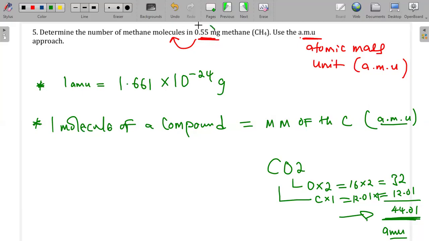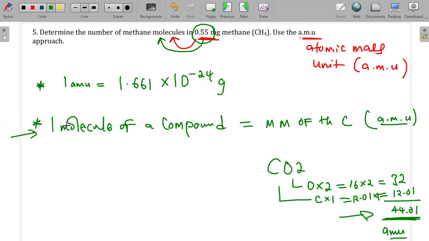In order for us to convert the mass to the number of molecules, we first need to convert this mass to atomic mass units using the ratio I wrote on top here. Then, once I have the atomic mass units, I'm going to use this second ratio to convert into the number of molecules, because I'm going to say such and such a number of atomic mass units is equal to 1 molecule.